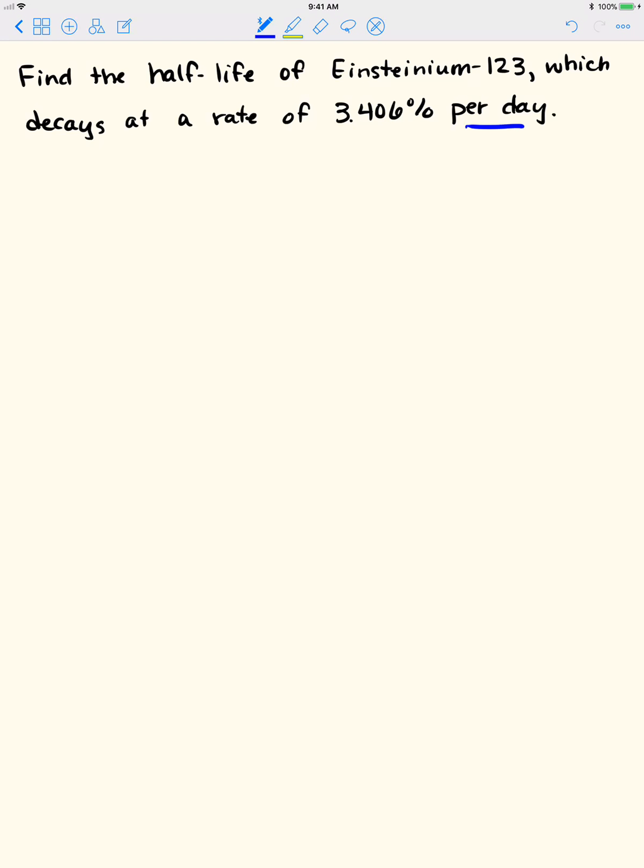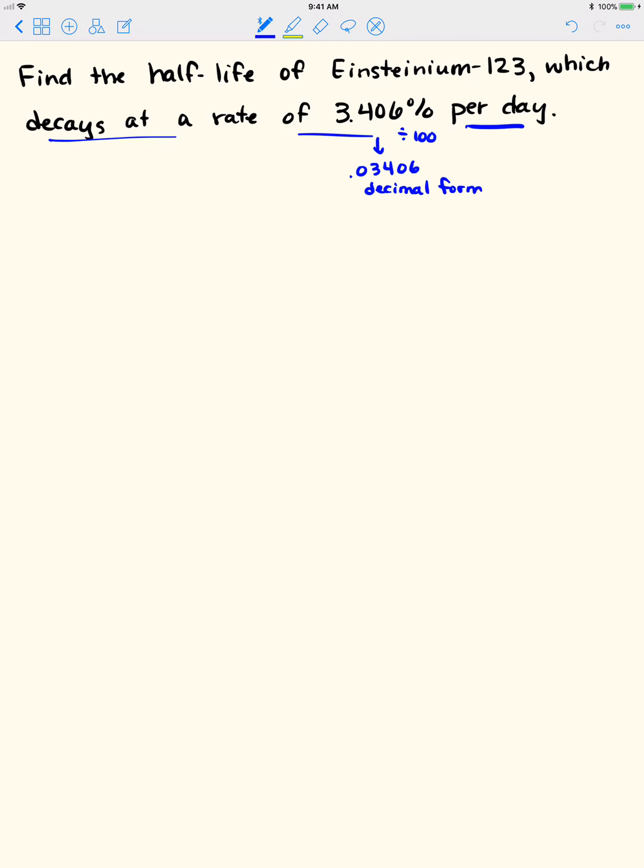Okay, so it's not continuous. It just says decays at a rate of 3.406. So that's 0.03406 in decimal form. Remember, you just divide it by 100, move the decimal place left twice, keep all the decimals, don't round yet.